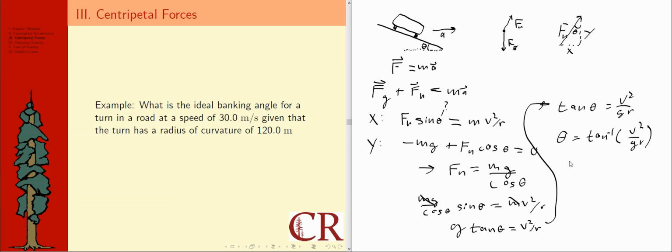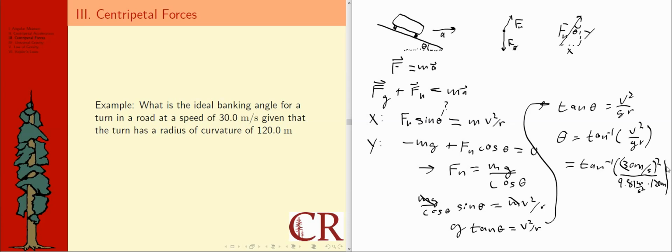I didn't write a list of numbers here, but at this point it's pretty straightforward to take the numbers given and put them in the appropriate places. We're given a speed of 30 meters per second, so that goes in for v squared. For g, we know that it's equal to 9.81 meters per second squared. We're also going to need that 120 meters down there.